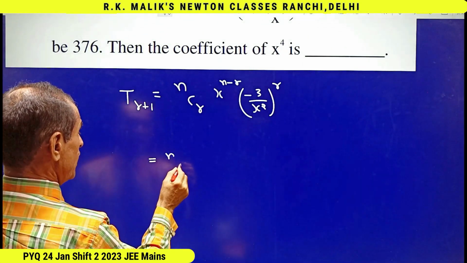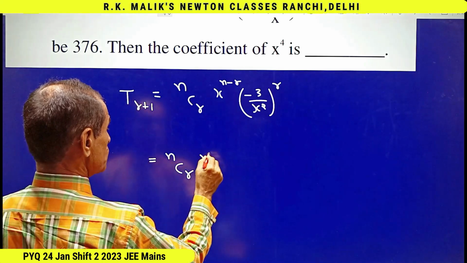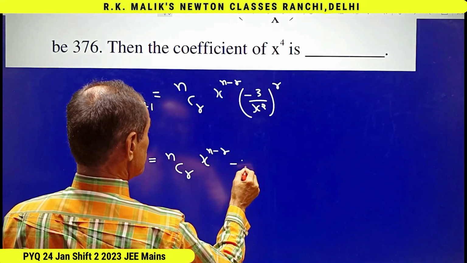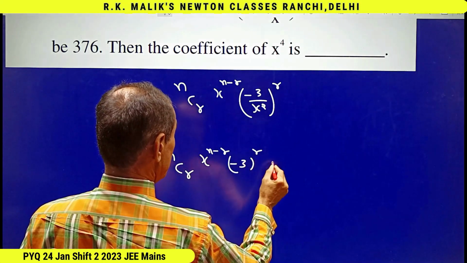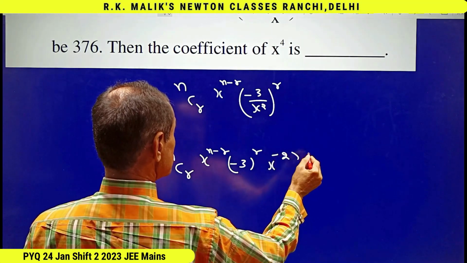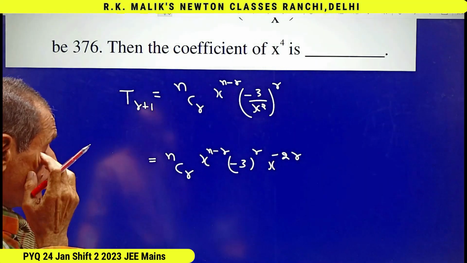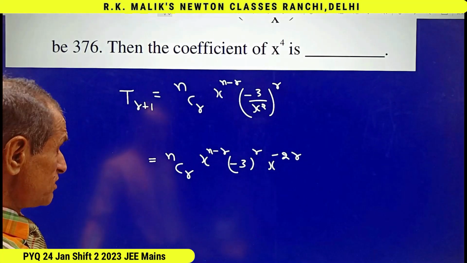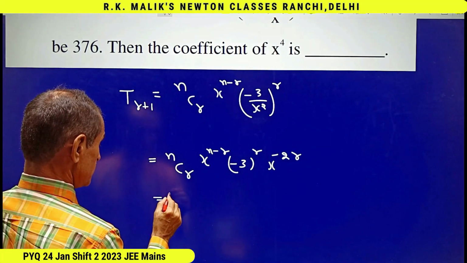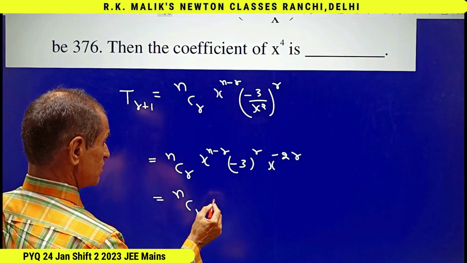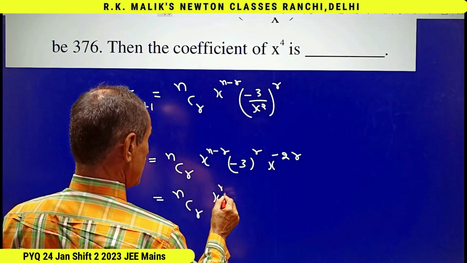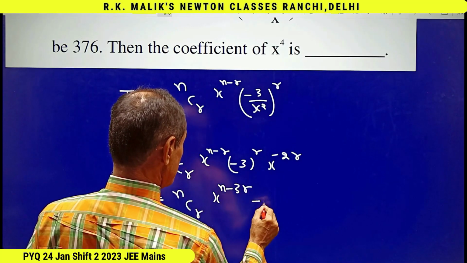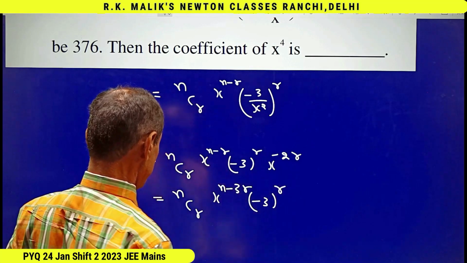That is equal to nCr x to the power n minus r into minus 3 to the power r x to the power minus 2r. Note that the value of n is 10. It is nCr x to the power n minus 3r into minus 3 to the power r.